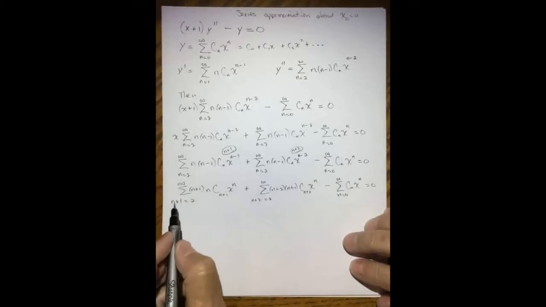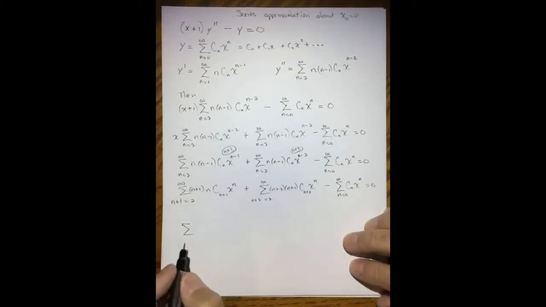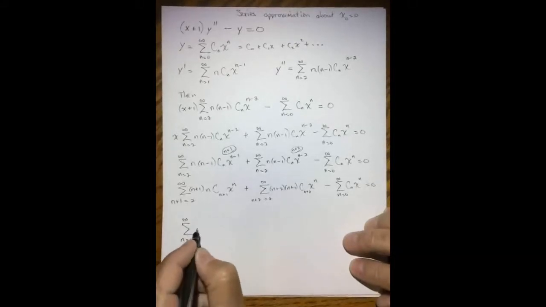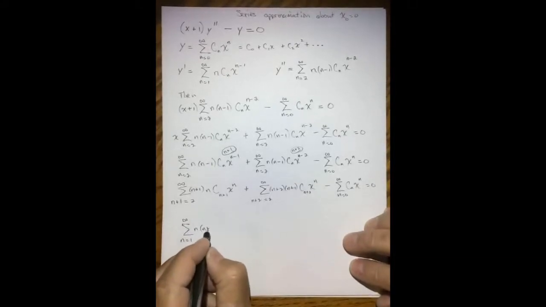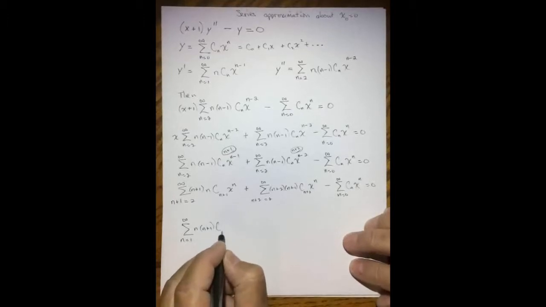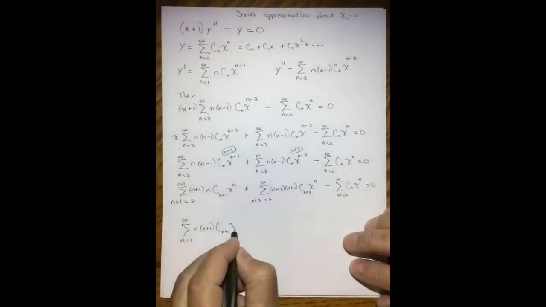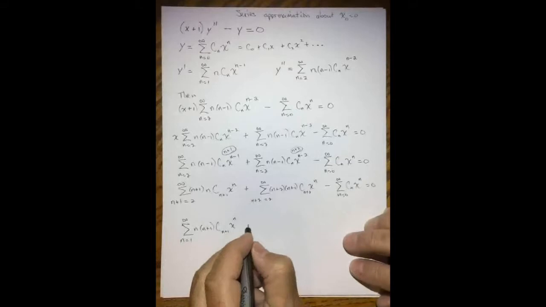Now let's rewrite this. We have n plus 1 equals 2. And that means if we subtract 1 from each side of this little equation, I get the sum of n equals 1 to infinity, n times n plus 1, c and the subscript is n plus 1, x to the n.